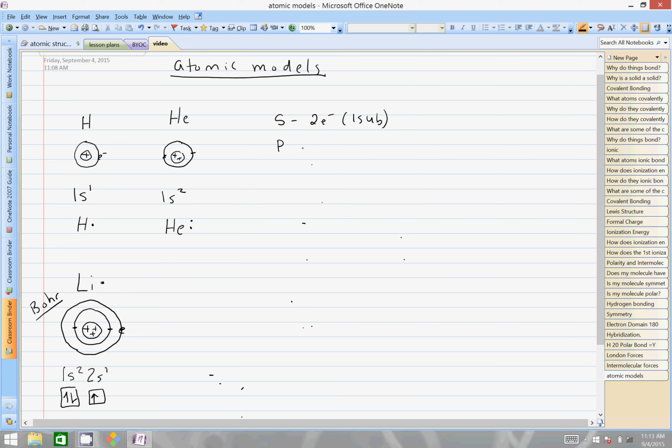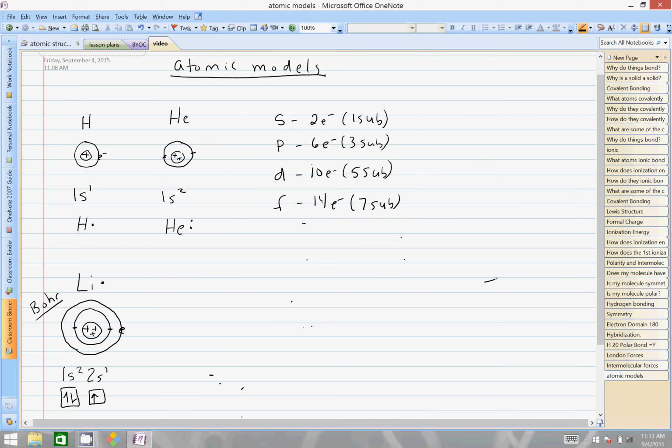The p orbital can hold 6 electrons maximum for 3 suborbitals, and then the d would have 10 electrons with 5 suborbitals, and then an f would be 14 electrons maximum with a total of 7 suborbitals.